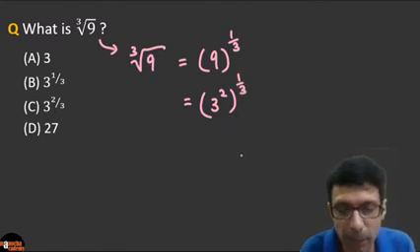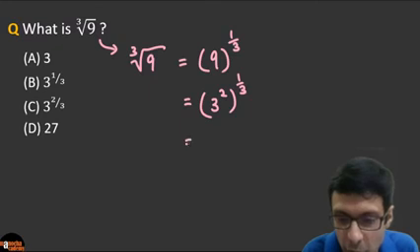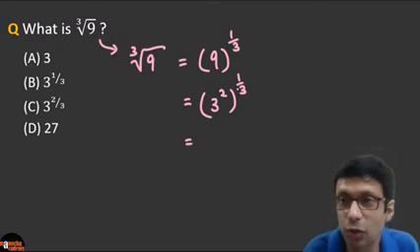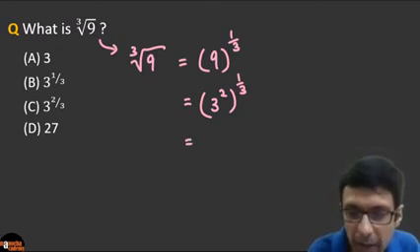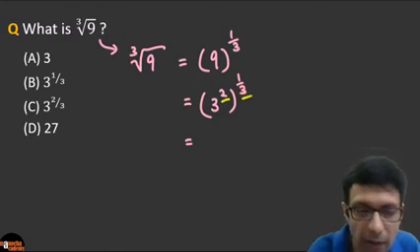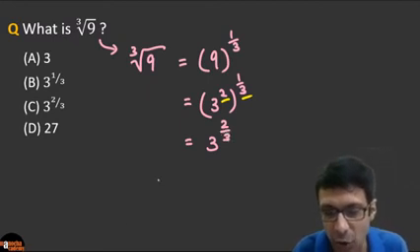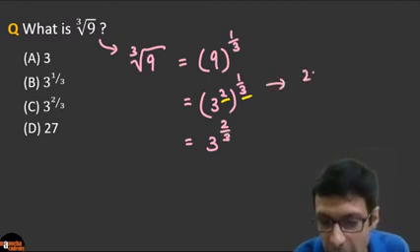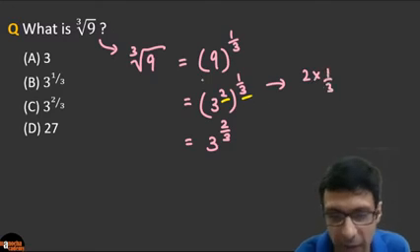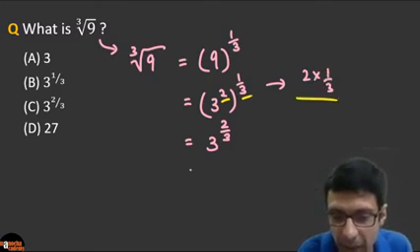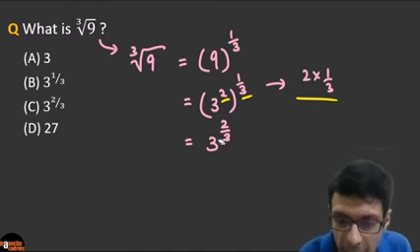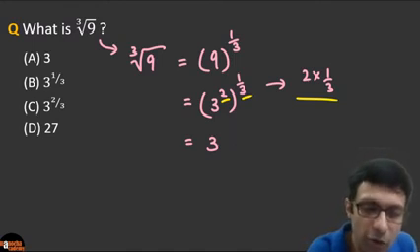And now we're going to multiply the powers, the 2 and 1/3. So we are basically going to get 3 to the power 2 by 3. Guys, can you see that? Because what are we doing here? We're multiplying 2 times 1/3. The powers are getting multiplied. So we get 3 to the power 2 by 3.